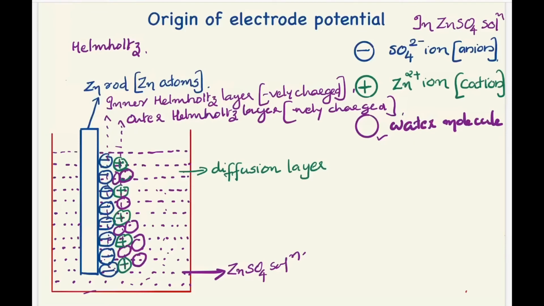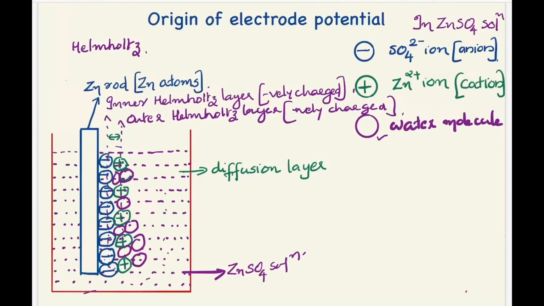Now, we can see that two layers are formed, and those layers are of different charge, and these layers are separated by a small distance.